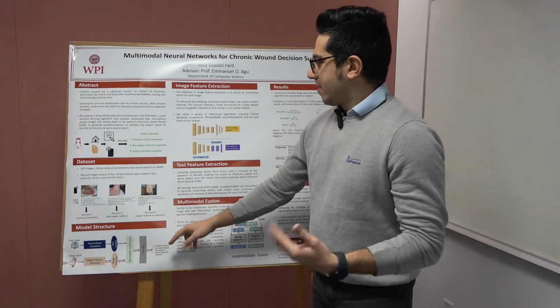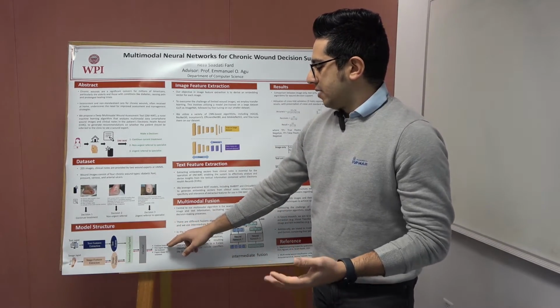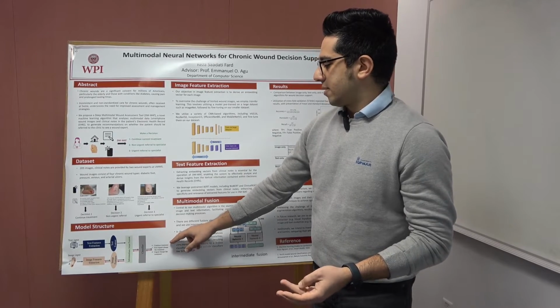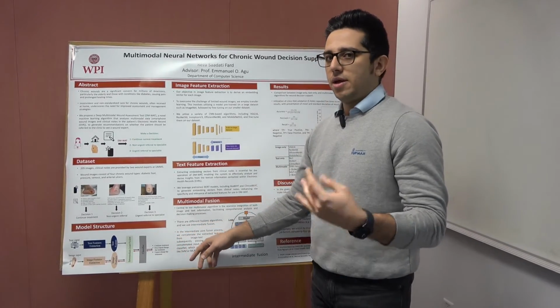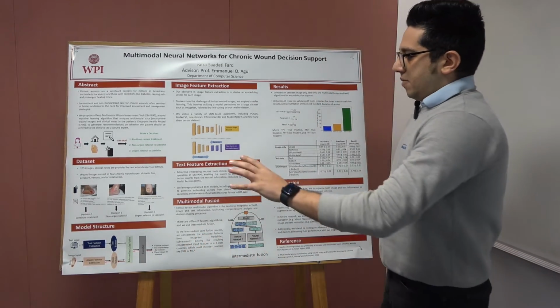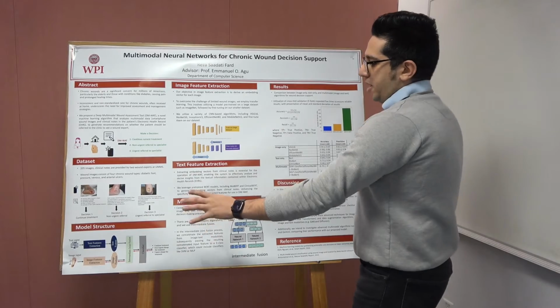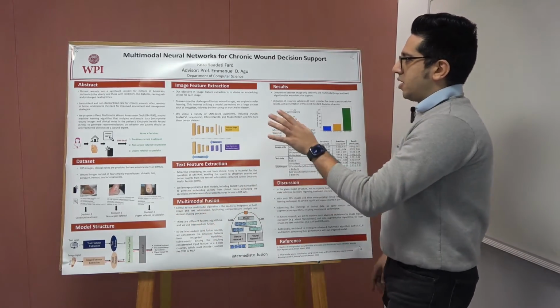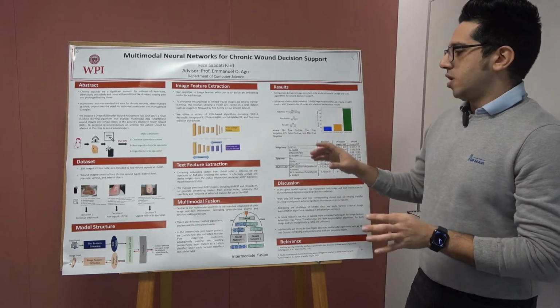At the end, as I mentioned earlier, our model will provide one decision, that is continued treatment, non-urgent referral, or urgent referral. Now that I've shown you the pipeline of the model, we are going to talk a little more in detail about each component.